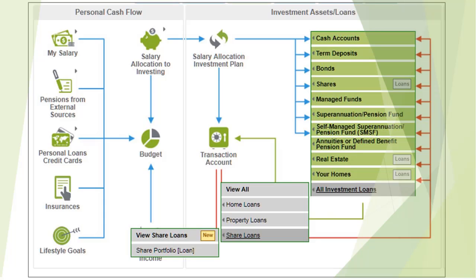Financial Mappers does not cater for a loan linked to managed funds. However, if you need to use this type of loan, then you should create an unlinked loan by clicking through the option for all investment loans and select New in the View Share Loans section. This option can also be used to make additional share loans.